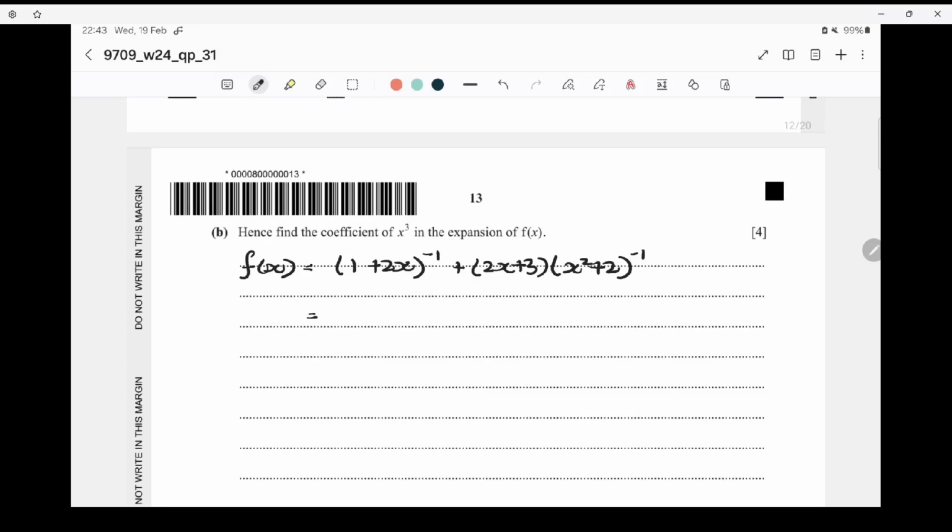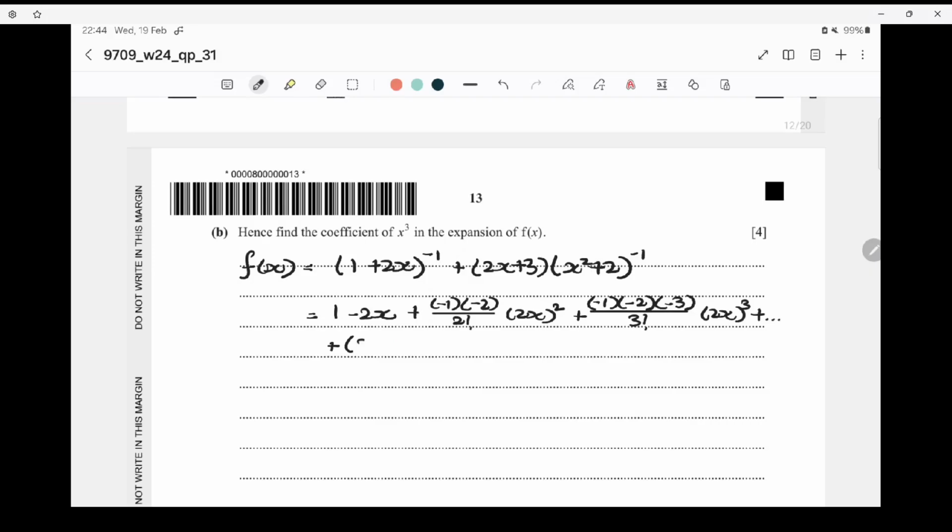For the first expansion, it is essentially 1 plus nx, so it's minus 2x, and then plus (minus 1)(minus 2) divided by 2 factorial times (2x) squared, plus (minus 1)(minus 2)(minus 3) divided by 3 factorial, and then you have (2x) to the power of cube.